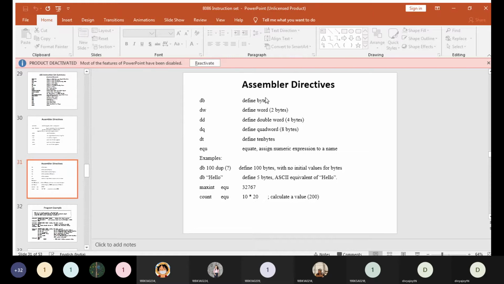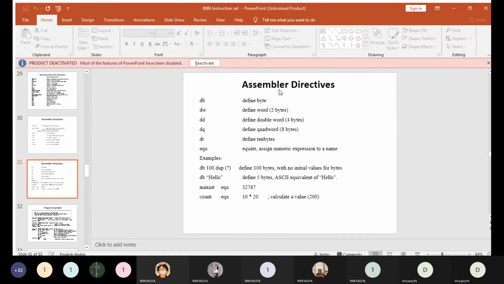So it will allot a space. The assembler gives that information to the processor that there is one number that is going to be converted into a binary number, and that particular binary number requires a space of a byte, or simply you can call it 8 bits.